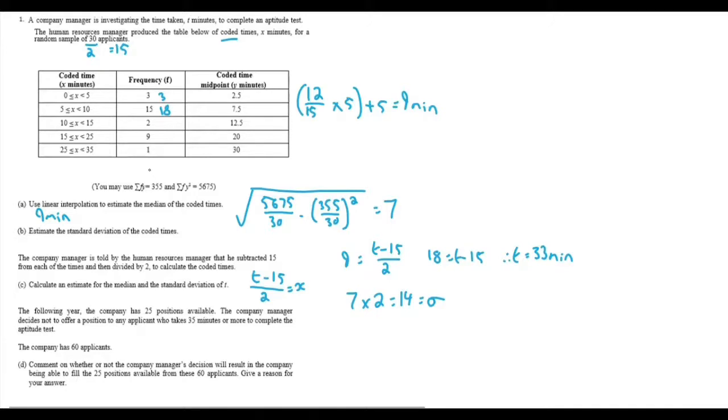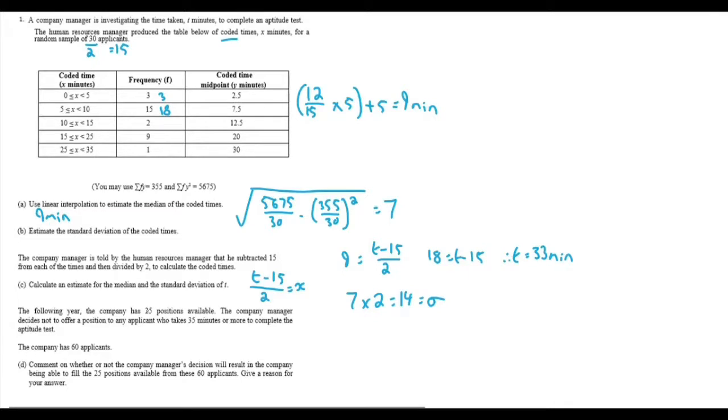Well, before, if we were just looking at the coded data, it would look like everyone completes it in less than 35 minutes. However, what we have to remember is that these are coded times, not accurate times. So the uncoded data here is what's going to be more helpful to us. Now we could uncode all of these numbers here and look at the rows and then compare. But first of all, this is not for the same group of applicants.